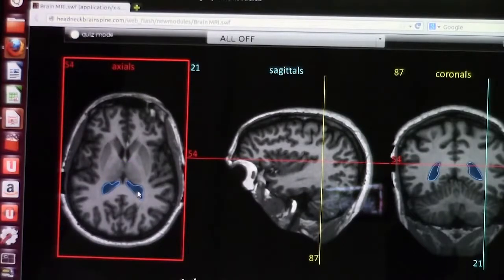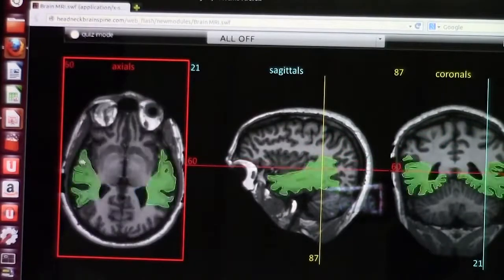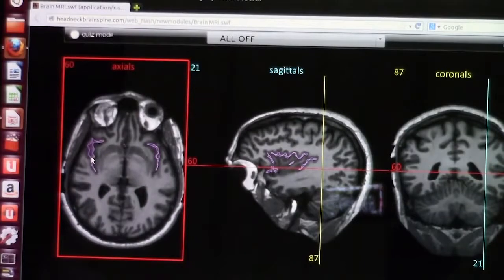Here you see the atrium or the trigone of the lateral ventricle, and this is called the peritrigonal area specifically, and the green area here is called the temporal lobe. Here in this area is what's called the Sylvian fissure. It can be very prominent in certain metabolic disorders or congenital disorders.